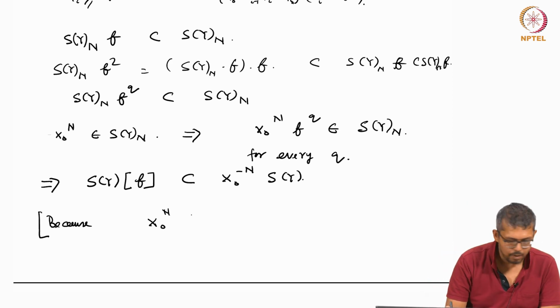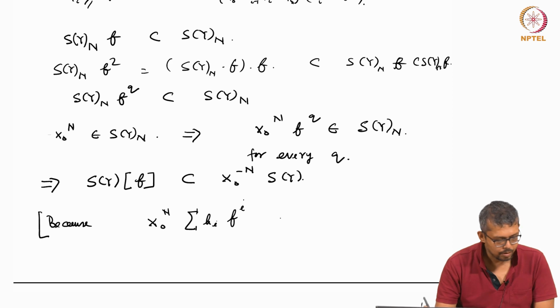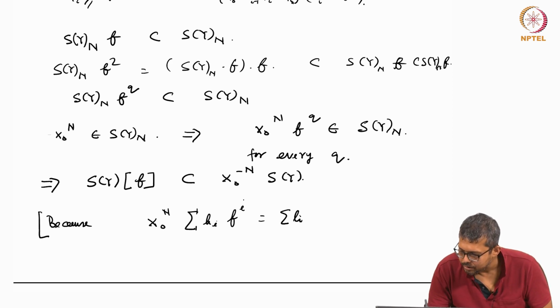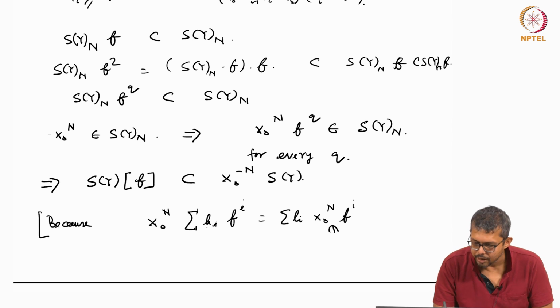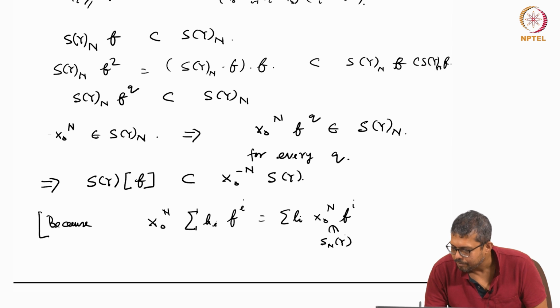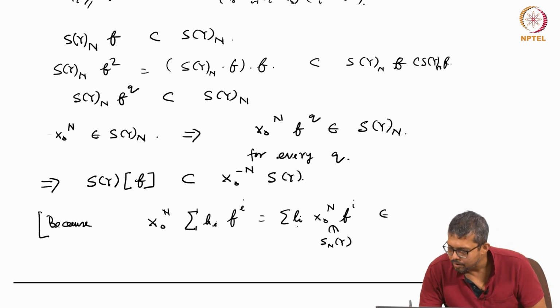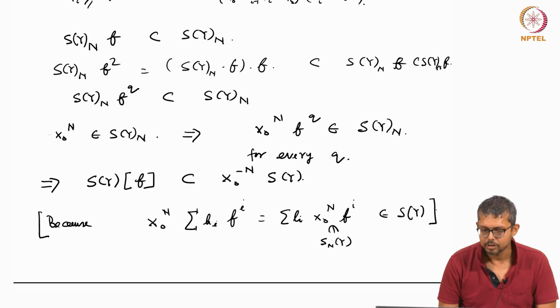So this is x naught power N times the summation hi fi, which is equal to the summation hi times x naught power N fi, and this belongs to A. Now hi is some polynomial in S_Y, so this is in S_Y, because these are polynomials. Now you multiply by x naught power minus N, so this will say that.